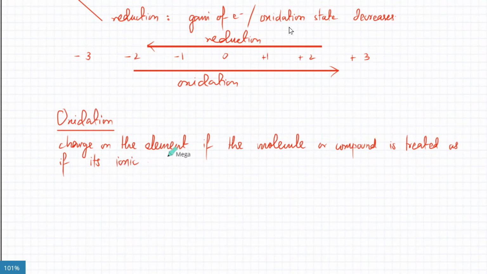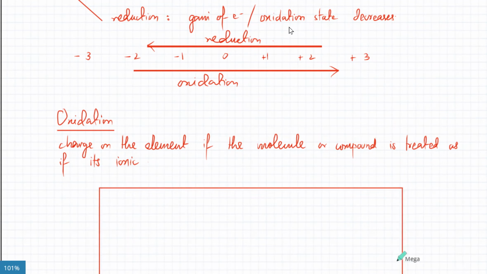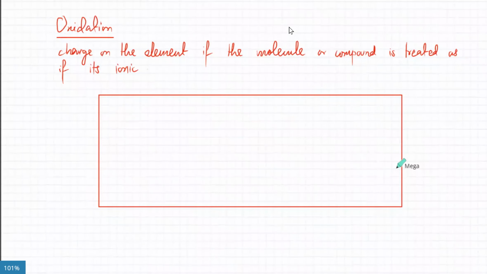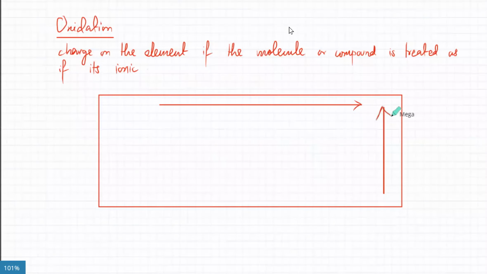So first thing is we'll talk about electronegativity. I'll explain the difference between ionic and covalent molecules very quickly. Electronegativity is the tendency for an atom to gain electrons. It increases to the right and it increases upwards. Smaller atoms have less shielded nuclei, which is why they attract electrons very strongly.